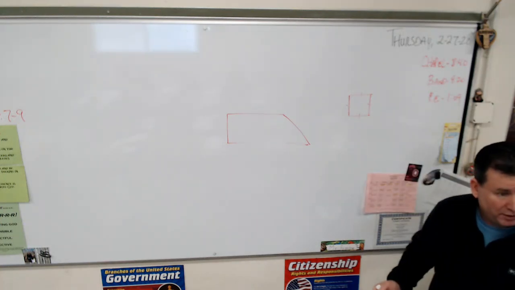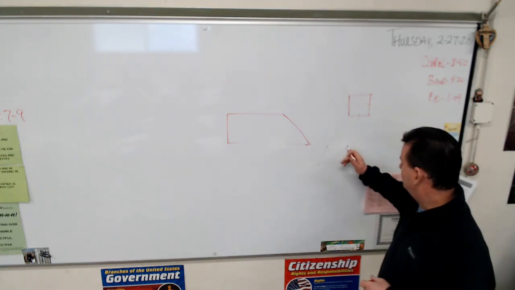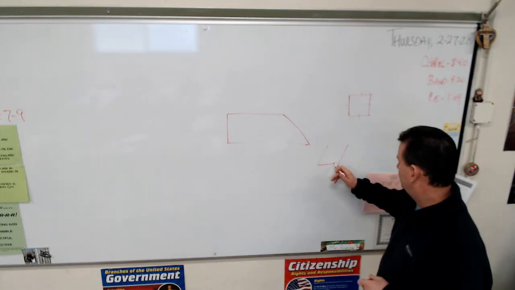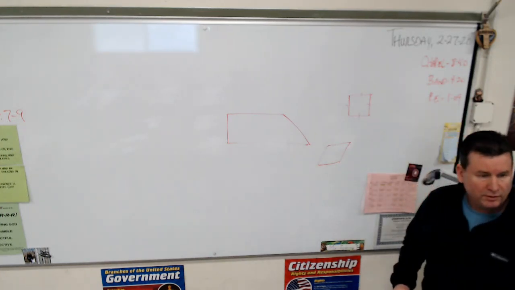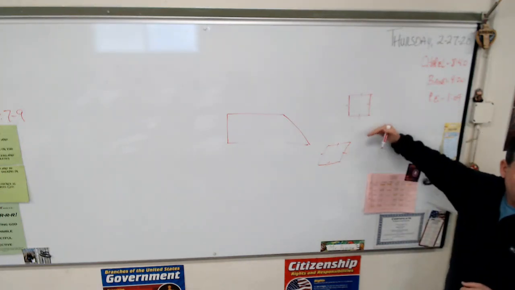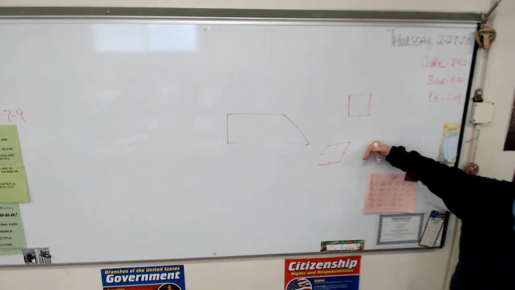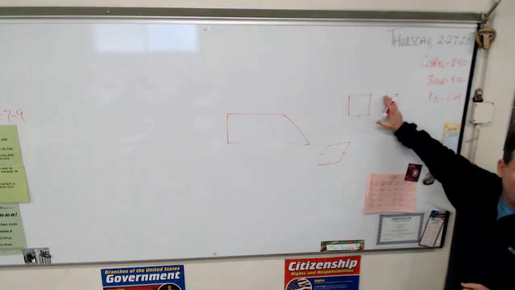It could. The definition of a rhombus is a parallelogram and all the sides are the same. Both of these are rhombuses, Kira, but only one's a square.